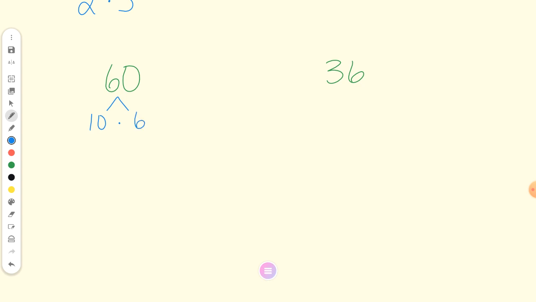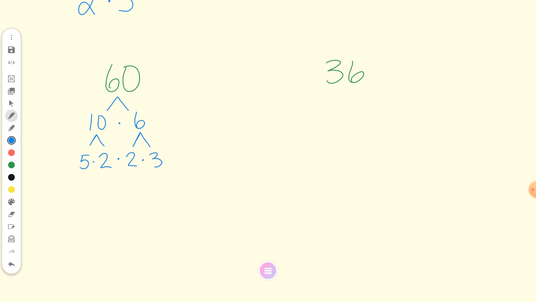Abby, are either of those numbers prime? Nope. So let's break them down some more. What can I break 10 into? 5 times 2. What can I break 6 into? 2 times 3.